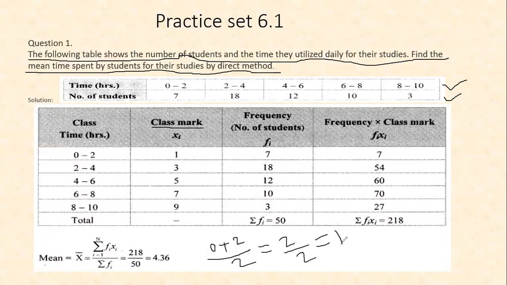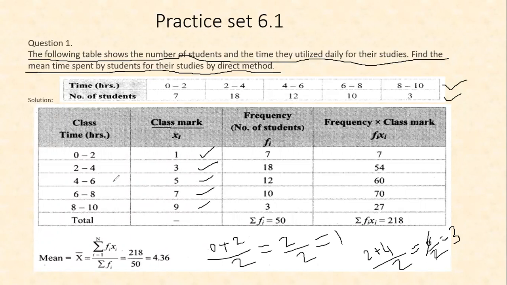That is the method to find the class mark. Same if you try here: 2 plus 4 divided by 2, you get 6 divided by 2, that is 3. So this way we find the class mark.